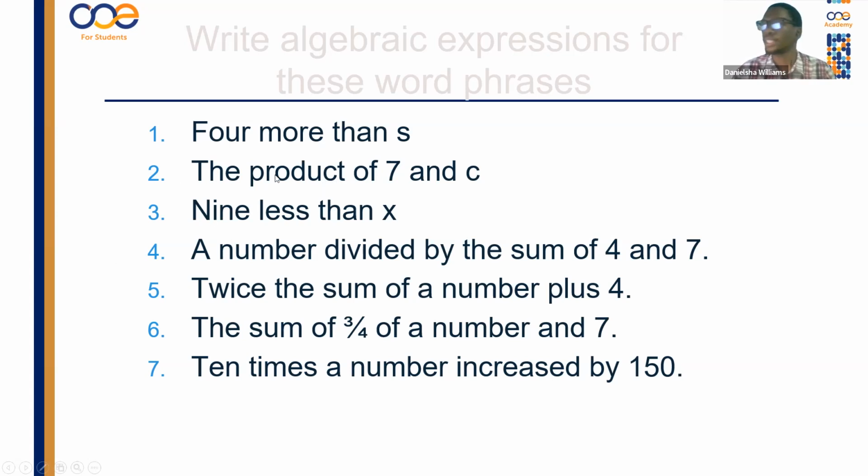So you always get the same results regardless of which order you put the numbers in. Something important to note as well is that a variable such as S or C, they represent a number, right? Any number at all. So we're just using the variable to represent that number that it could possibly be.